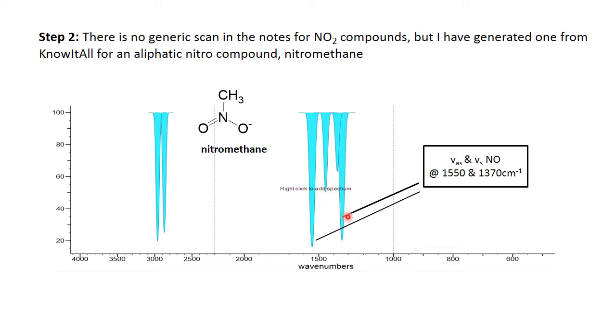Now these two large bands at 1530 and 1370 are NO stretches from the nitro group. They will be at slightly different wave numbers in the aromatic compound. There is one other fairly important absorption for a nitro group, and that's a C to N stretch that we'll see in the scans, but unfortunately know-it-all didn't generate that one for us.